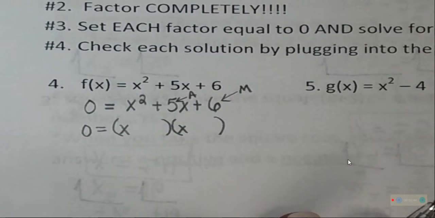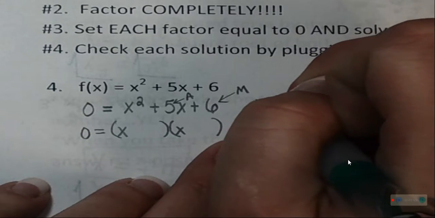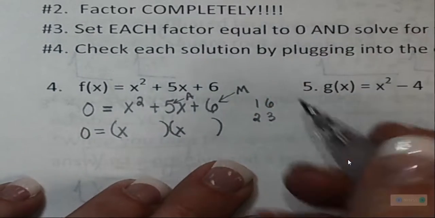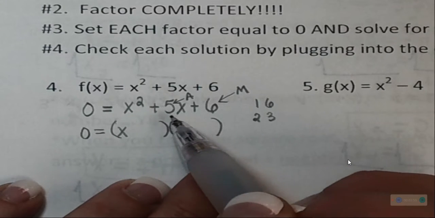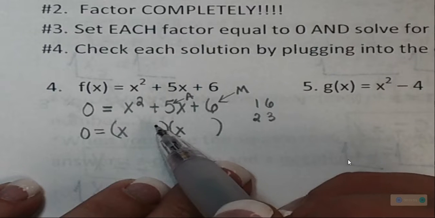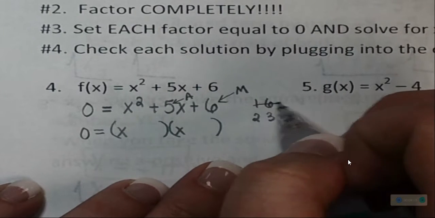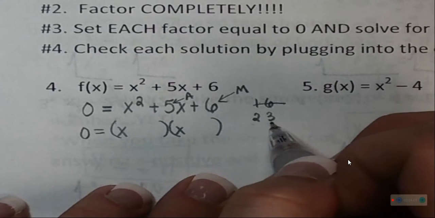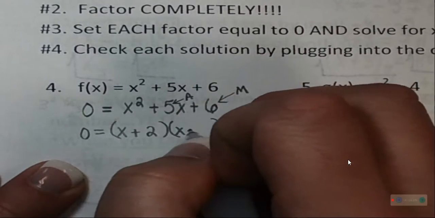Now, to multiply to get 6, I could do 1 and 6 or 2 and 3. Since both of these are positive, do I even need to worry about negatives? No, there are no negatives. What is 1 plus 6? 7. That ain't 5. What's 2 plus 3? 5, that's it. That's my numbers, plus 2 plus 3.